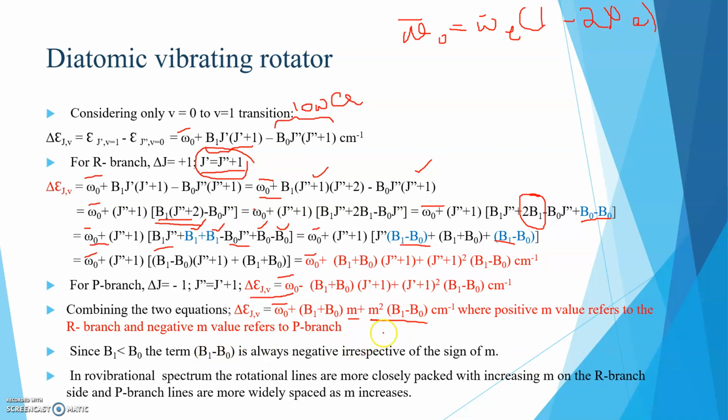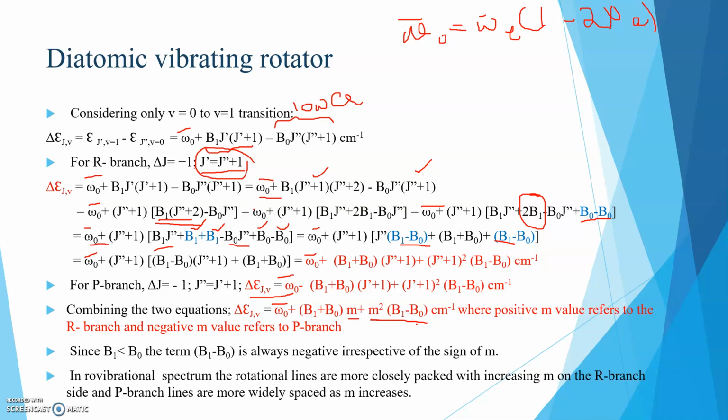Therefore, the term B1 minus B0 is always negative irrespective of the sign of M. So this can be positive or negative depending on the branch, and this is always negative for both the P branch and R branch. So in the rotational vibrational spectrum, the lines become more closely packed with increasing M on the R branch side, and the spectral lines become more widely spaced as M increases on the P branch side.